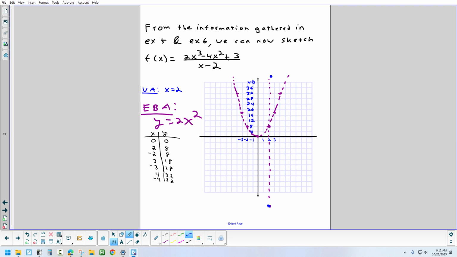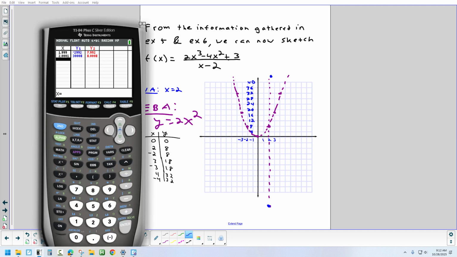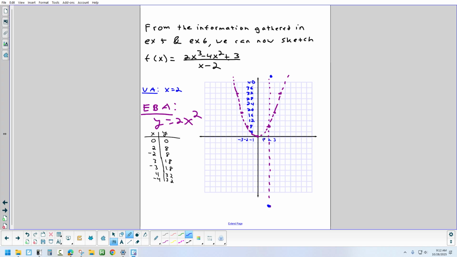So we're going to do a lot of points. Let's do 1. So 1, -1. Now, be careful when you do this, because remember, we're going by 4s. So 1, -1 is actually right about there, okay?